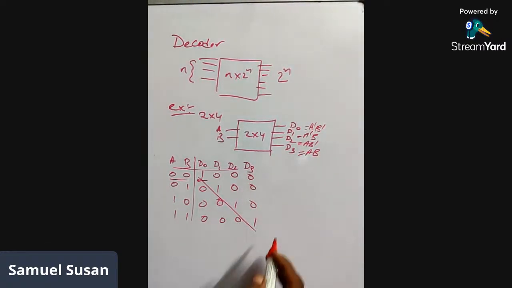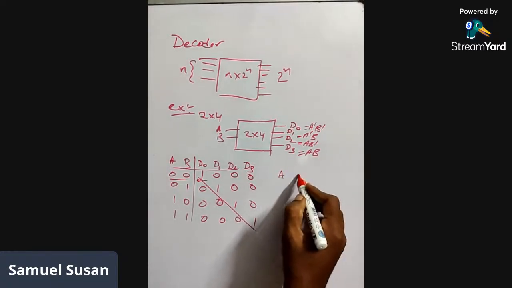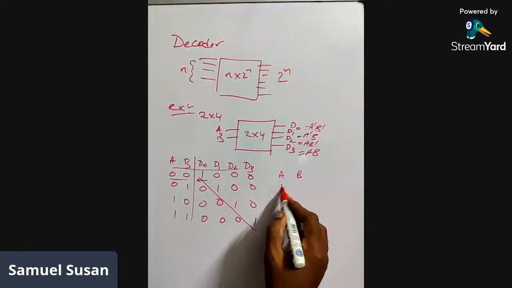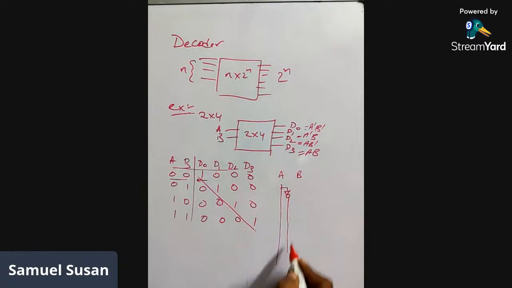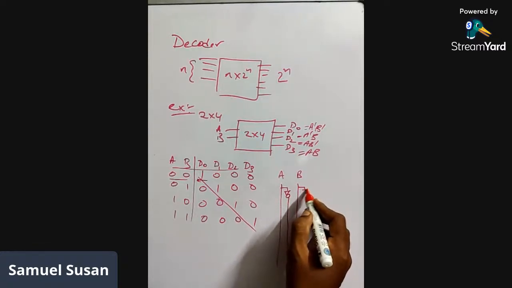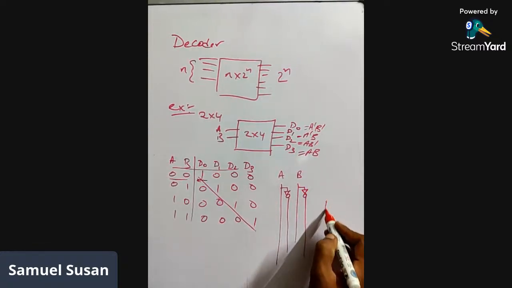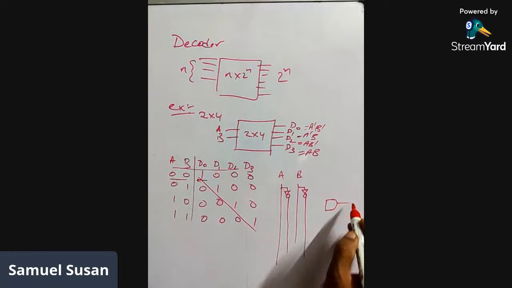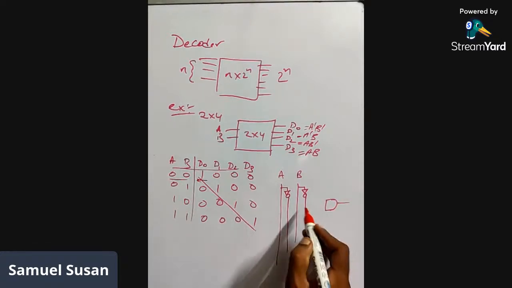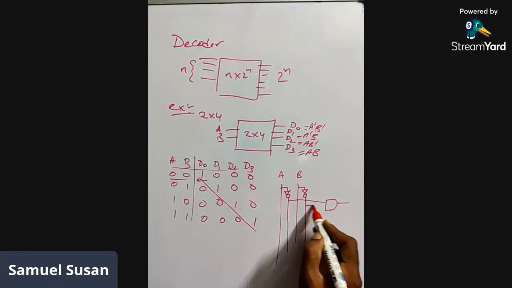So the circuit diagram is as follows. We have two inputs A and B and the negation. So we have four outputs using AND gates. The first one will be A dash B dash.